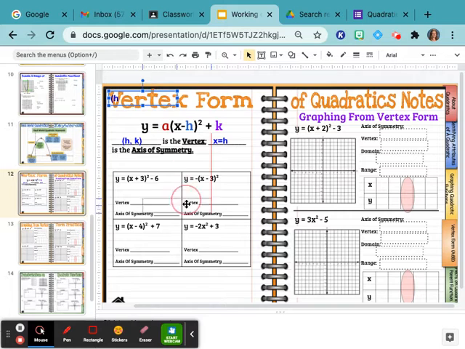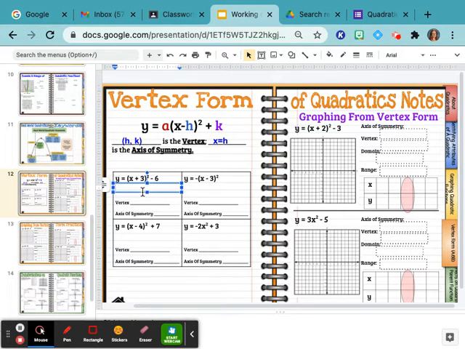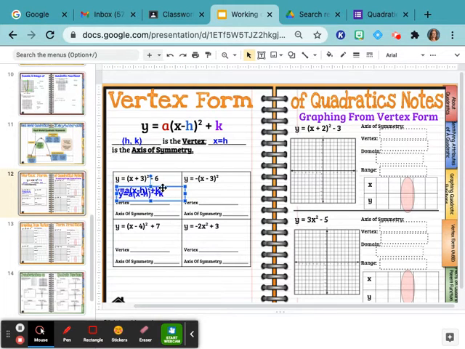Okay, let's do this next one. Let's write our equation underneath it, the vertex form: y equals a(x minus h) squared plus k. I'm going to use this on each one of them. Go ahead and write it underneath each one of them, or copy and paste it over.